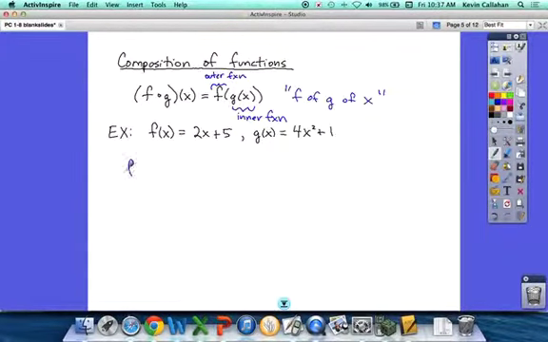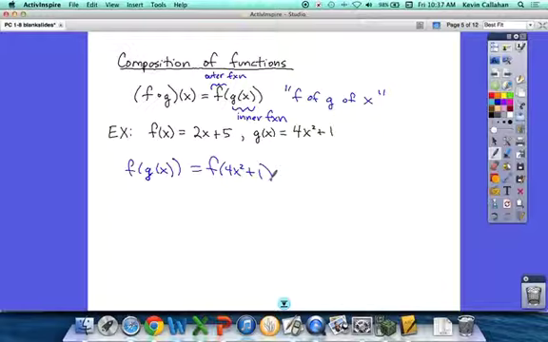So when I find f of g of x, the first step is replace the inner function with what it equals. G of x equals that. So we're going to say this is f of 4x squared plus 1. Well, we're not done yet.